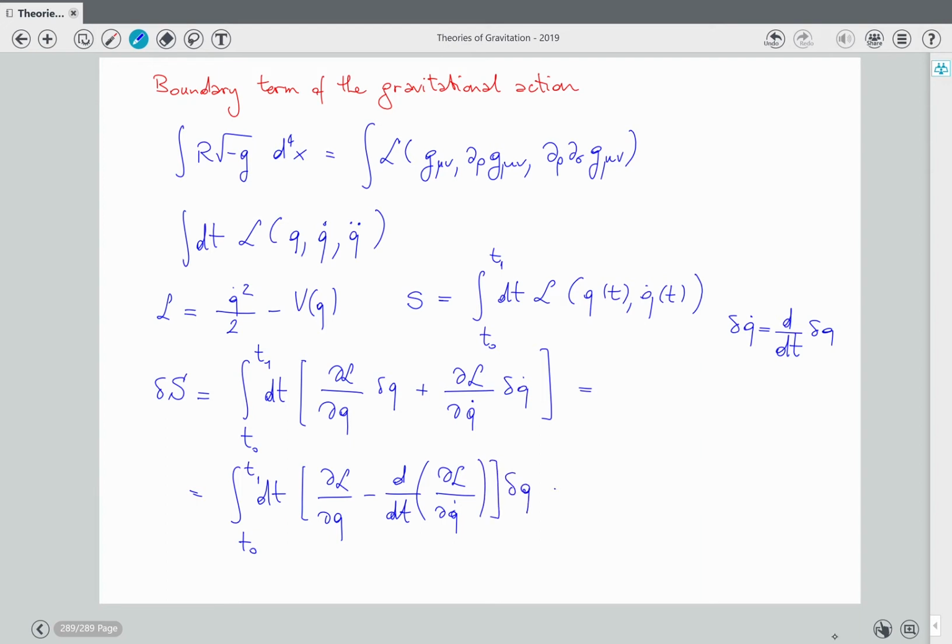But you have an extra contribution, which is the integral from t0 to t1 dt of a total derivative, which is equal to the boundary term, partial L, partial Q dot, delta Q. Okay, that's not the end.